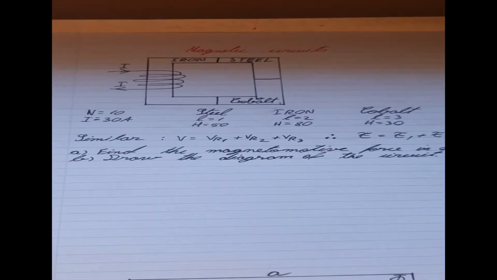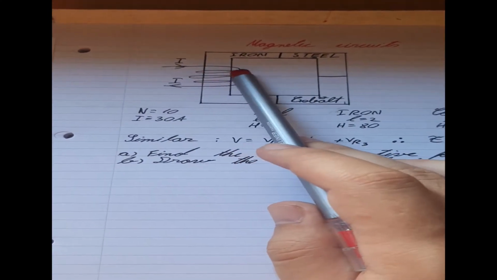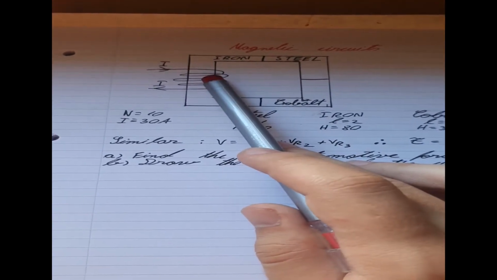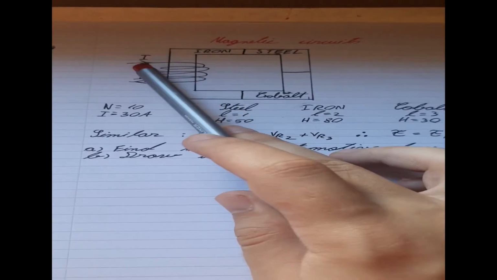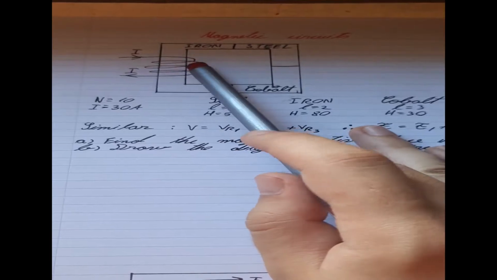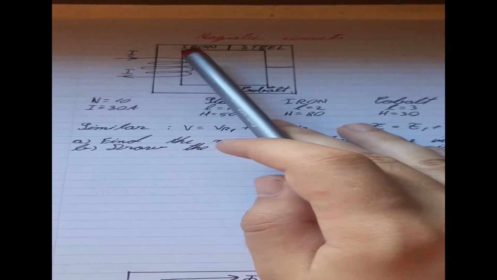For example, this one has 10 turns. The magnetic force that we are interested in finding out in this circuit is determined by the current going through this ring. So basically, the higher the current, the higher the magnetic force, and the lower the current, the lower the magnetic force.